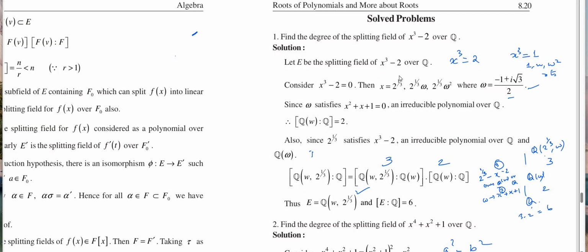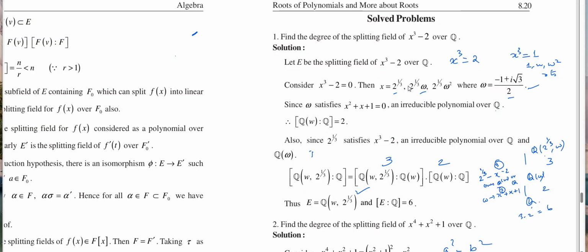And obviously you don't have 2 power 1 by 3 as well as omega in Q. So with Q we need to adjoin omega as well as 2 power 1 by 3. Do we adjoin 2 power 1 by 3 first and then omega, or omega first and then this? The order does not matter.